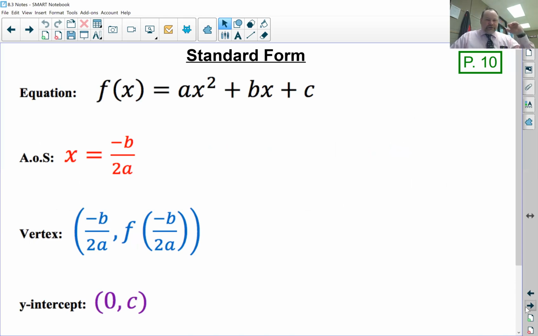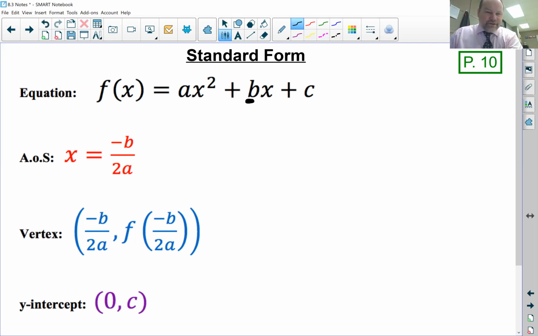The standard form of a quadratic equation is f of x equals ax squared plus bx plus c. With standard form, usually we find the axis of symmetry first. The way we do that, we take the opposite of whatever our b value is, and divide by 2 times whatever our value for a is.